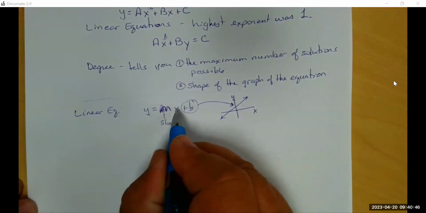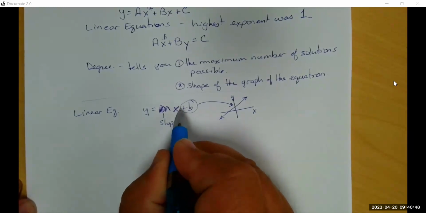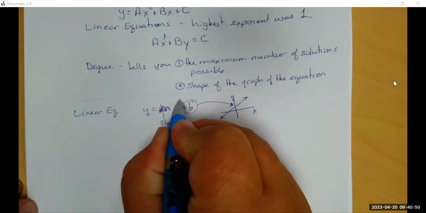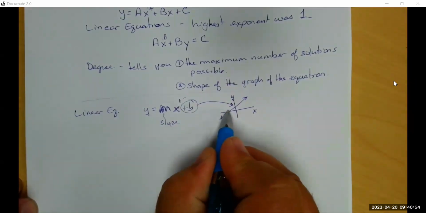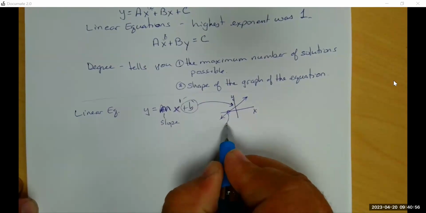So you see, since the exponent of x in the linear equation is 1, we only have one solution.